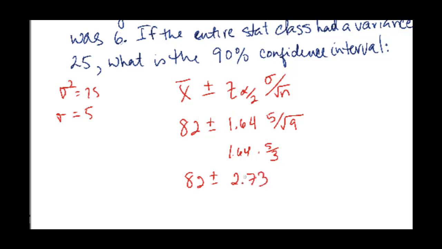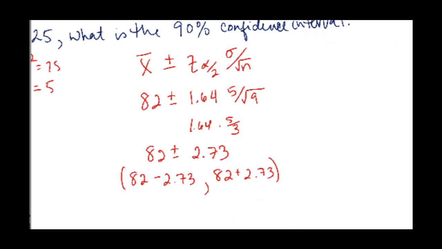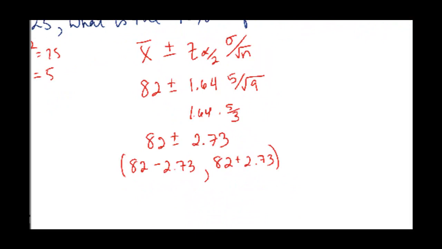So what we can do is we can have two numbers. We're going to have 82 minus 2.73 for the bottom end, comma, and then we're going to have 82 plus 2.73 for the top end. We're almost done. So 82 minus 2.73, you're going to get 79.27.